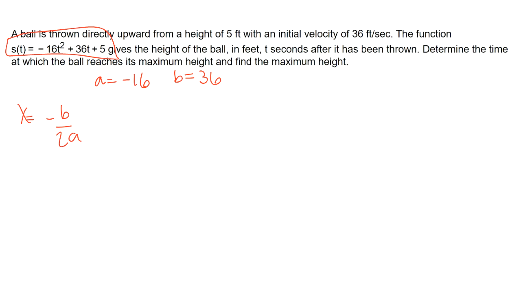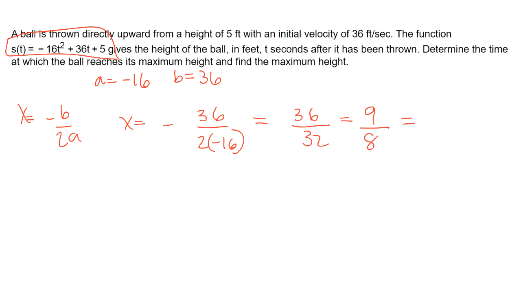Just plug this information back in. So I plug it in, I get 36 over 32, and I can reduce that. So 4 into 36 is 9. 4 into 32 is 8.